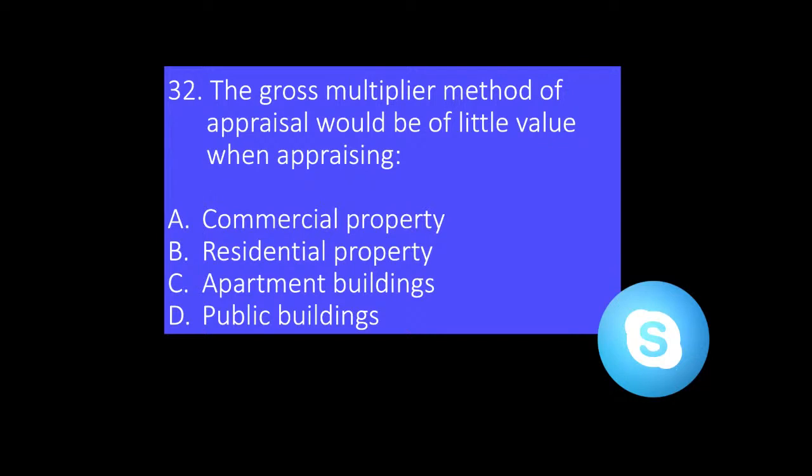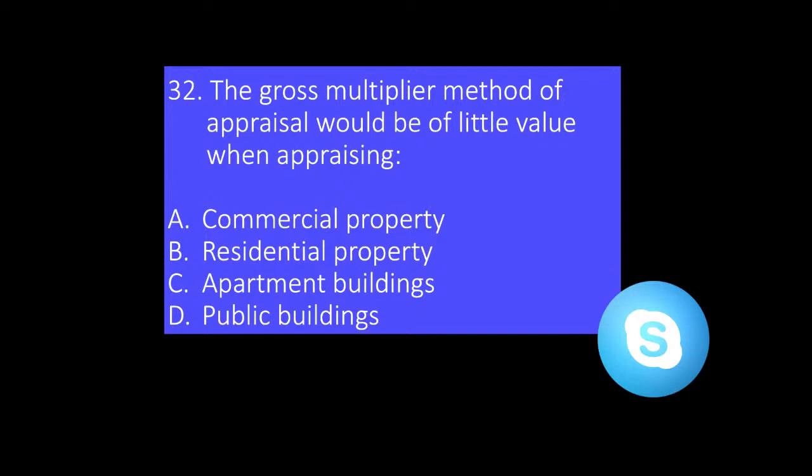Would it be because you can possibly... Go ahead. Multiplier. Residential is only one unit. That means there's no multiplier factor. Okay.